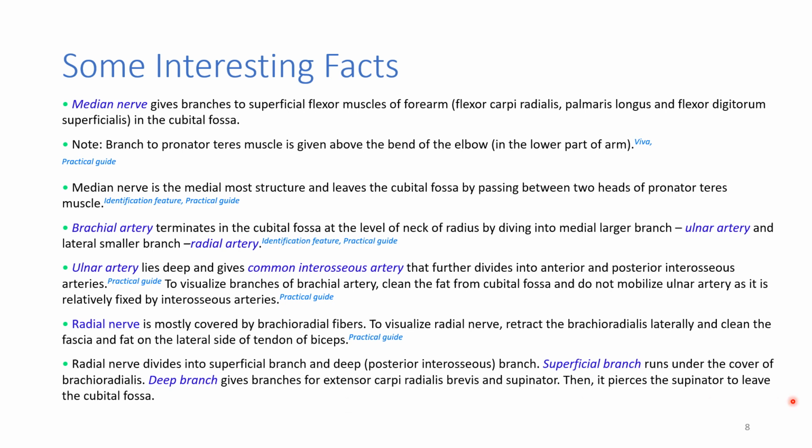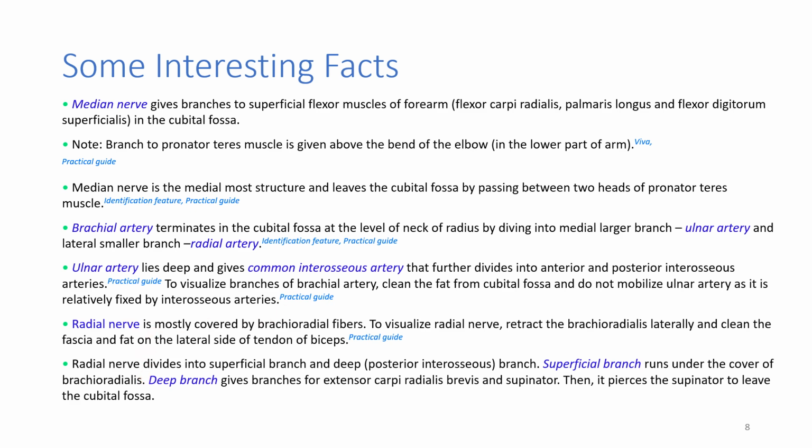The superficial branch runs under cover of the brachioradialis muscle, whereas the deep branch gives branches to extensor carpi radialis brevis and supinator. Then it pierces the supinator to leave the cubital fossa. Supinator is a muscle that will be discussed in the flexor compartment of the forearm. Okay, so these are the interesting facts about the median nerve, brachial artery, ulnar artery, and radial nerve.